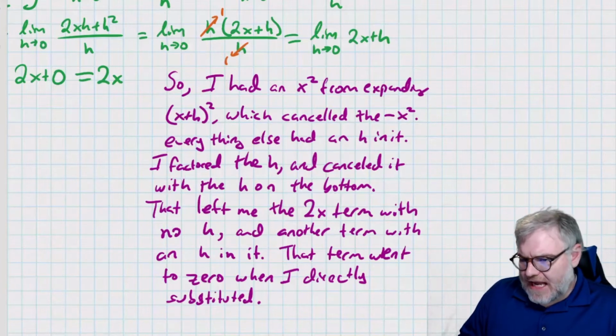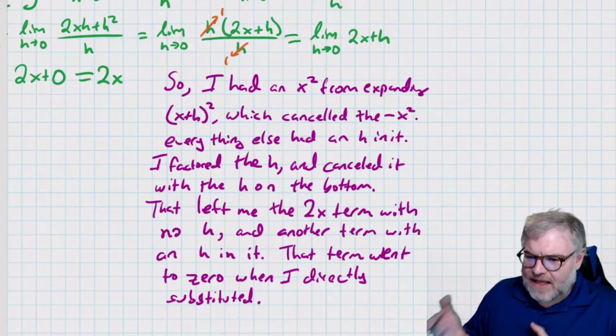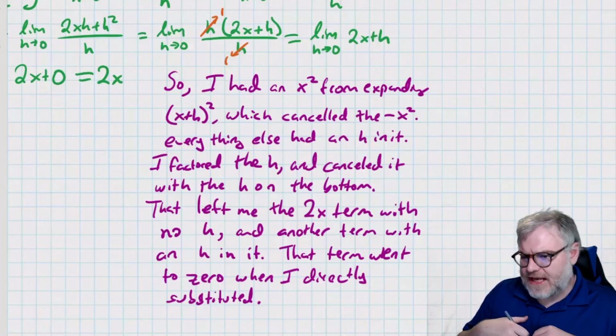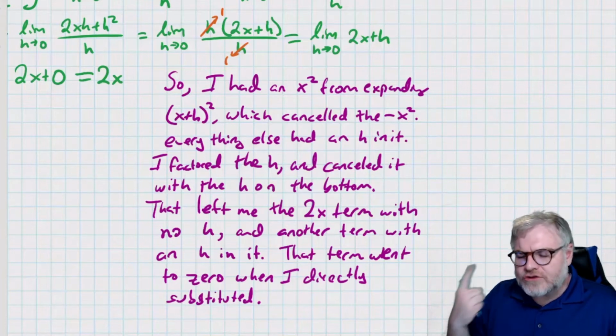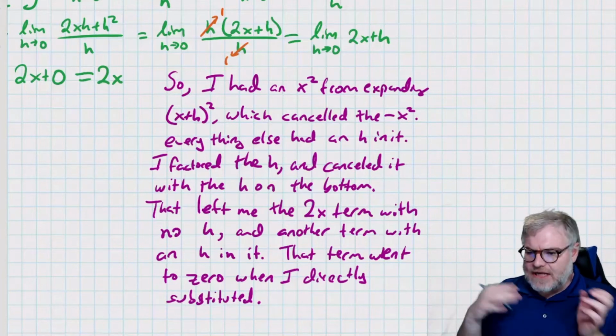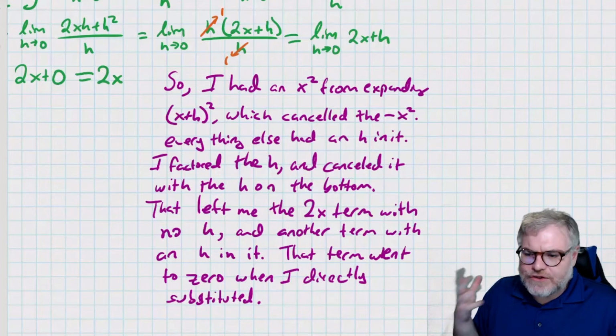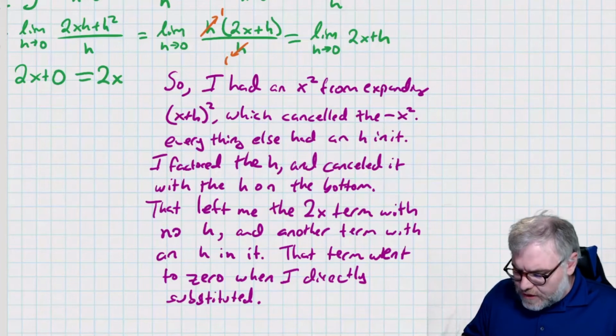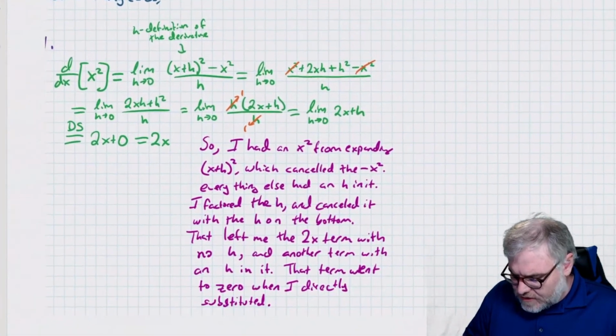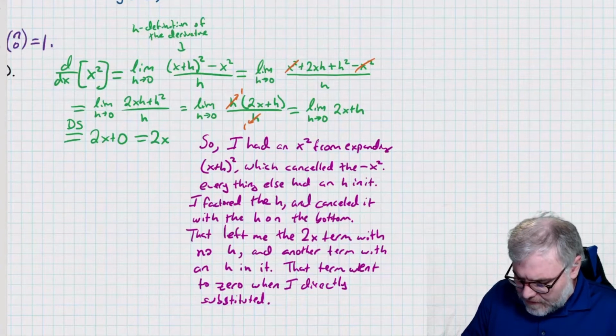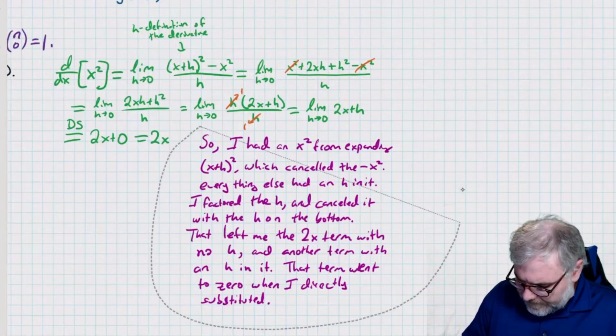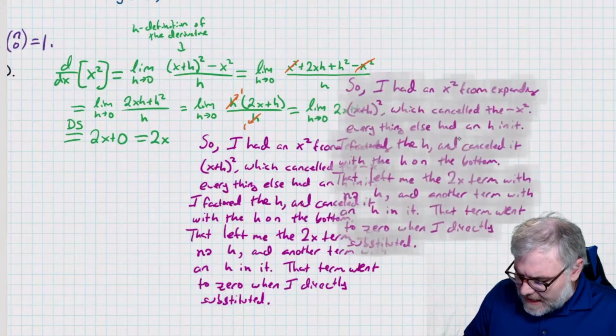I factored the h, so everything in the top now had an h in it. I factored the h and canceled it with the h on the bottom. That left me one term without an h. When I directly substituted, it's the only term that survives. Okay, so that's how we dealt with that.